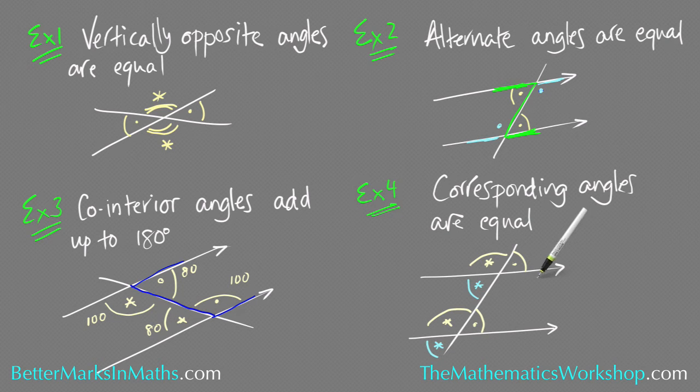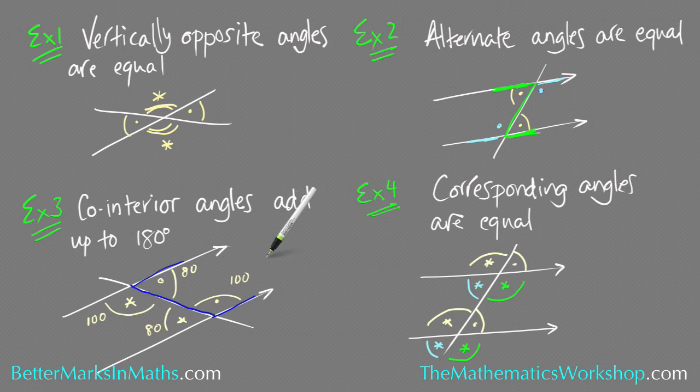And then last of all, the one on this side, that angle is corresponding to this one here. So there's lots of corresponding angles. Well, there's actually 4 pairs in this diagram. And the main thing about them is that they are equal in size, and they're in the same position but in a different part of the diagram.